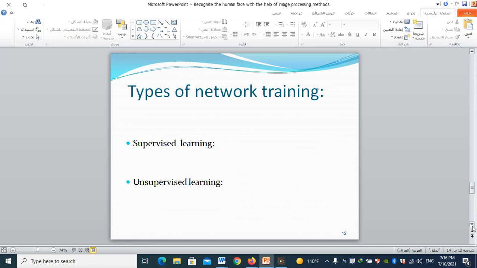The network will analyze the input information and examples so that after a while it will be able to identify examples it has never seen before. And the other one is unsupervised learning. It is a higher level of learning that is less used today.